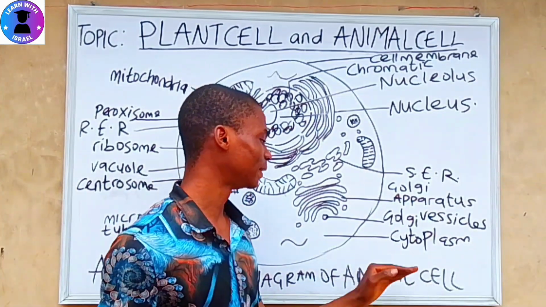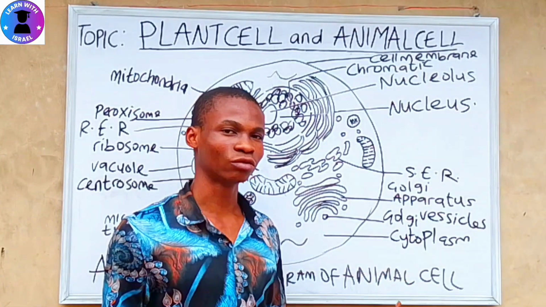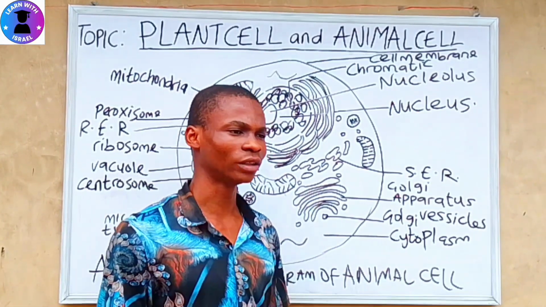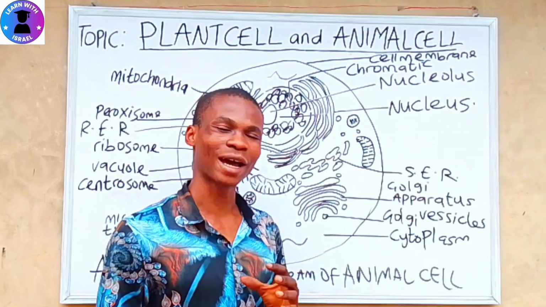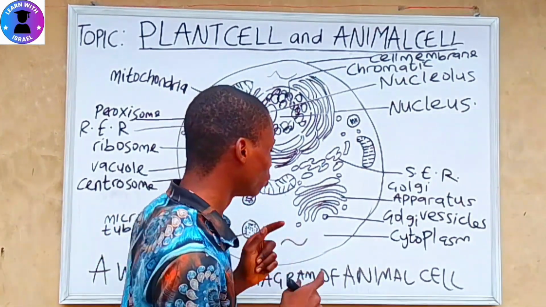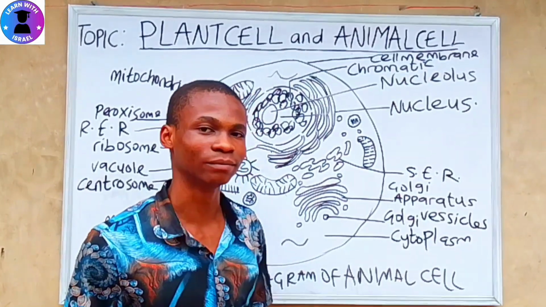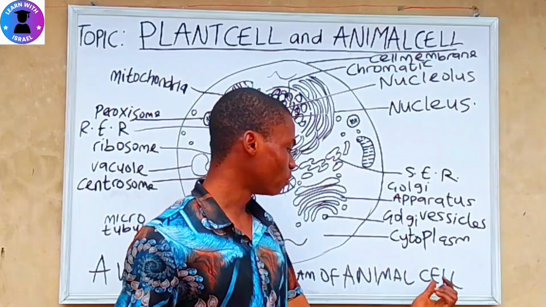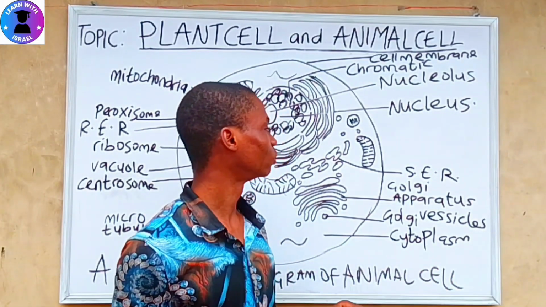Maybe it's a plant cell, maybe it's an animal cell, maybe you have to draw a mitochondria, or a nucleus, or any organism. Don't forget to add a well labeled diagram of the organism, because they do mark the title.